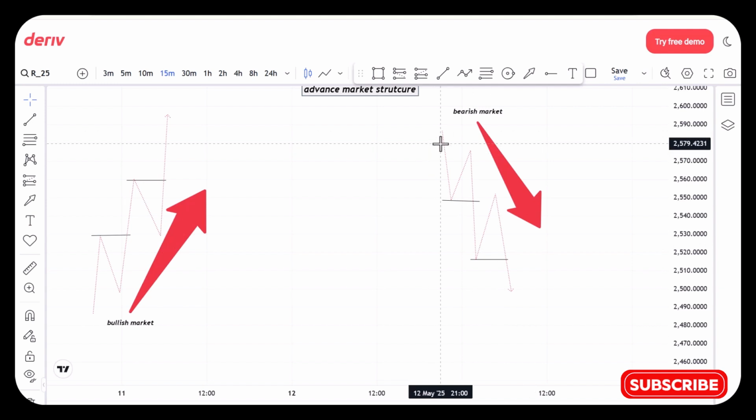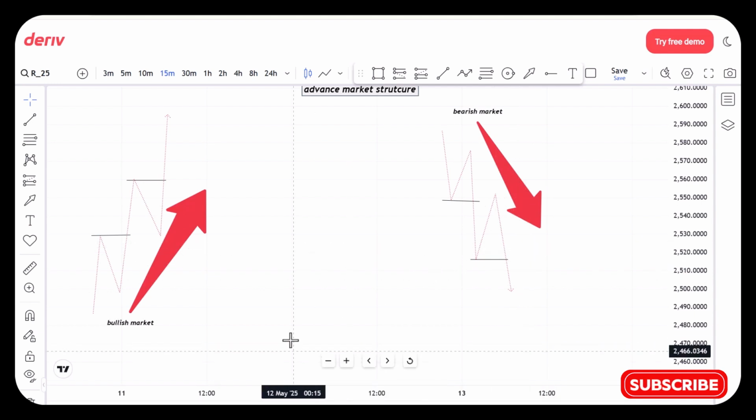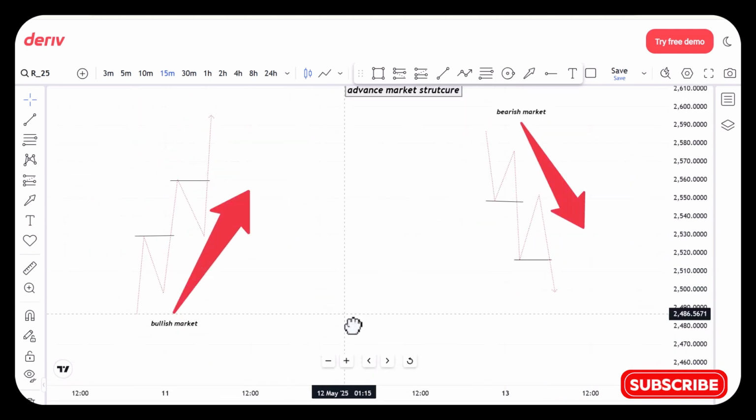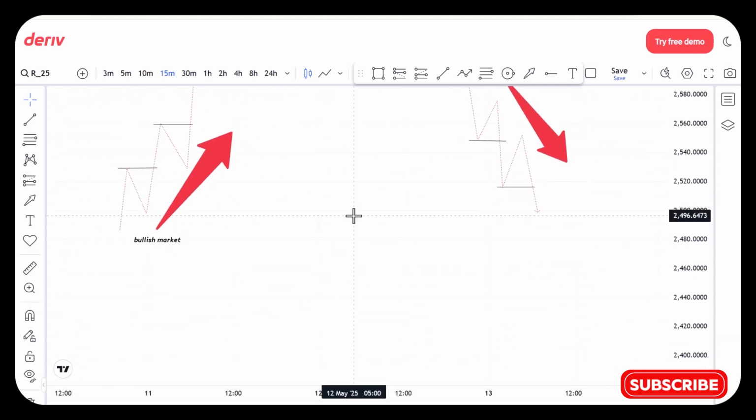So the law of price action says that for every impulsive move, there is a corresponding corrective move. Impulsive move, corrective move. Impulsive move, then the next expectation is a corrective move. Now, you have seen what a break of structure looks like. So today, we'll be more interested in the advanced market structure.